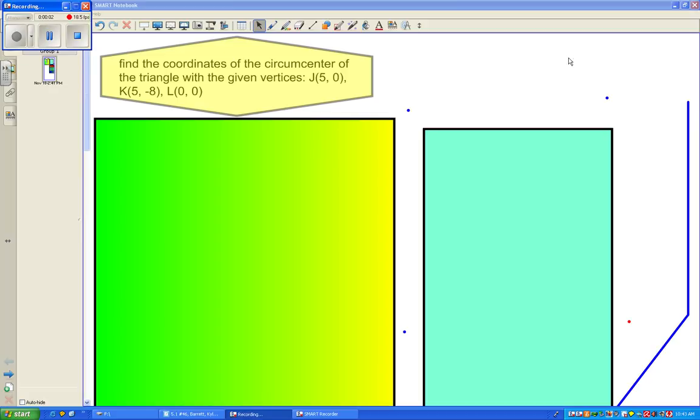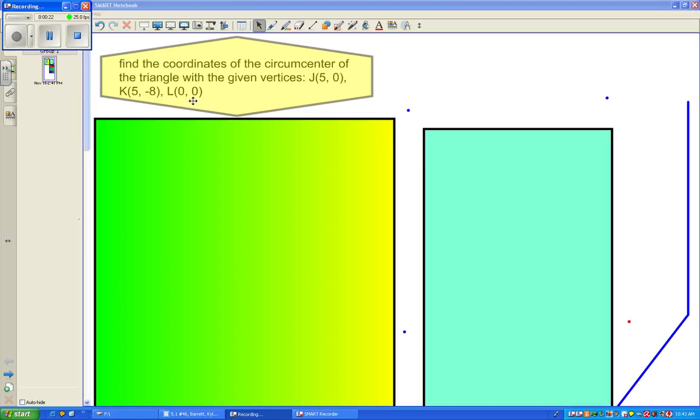So this is Barrett, Kyle, and Marco doing number 46 of 5.1. We're trying to find the coordinates of the circumcenter of the triangle with the given vertices J (5, 0), K (5, -8), L (0, 0).